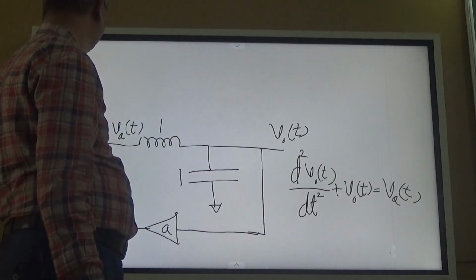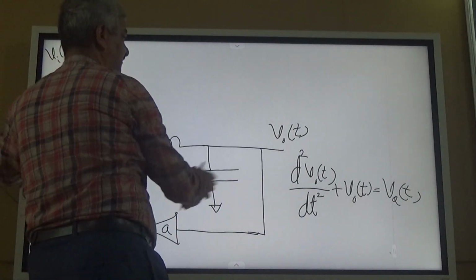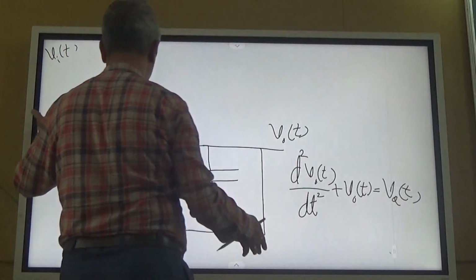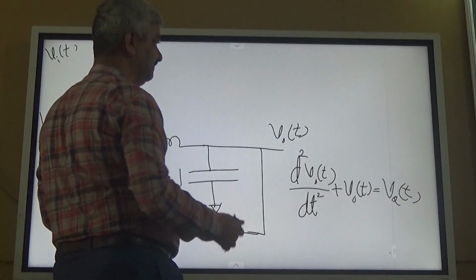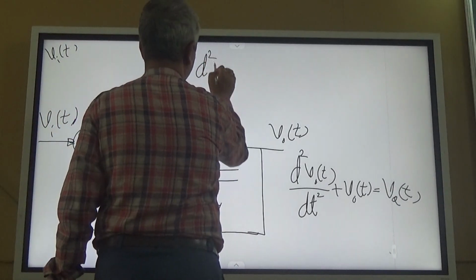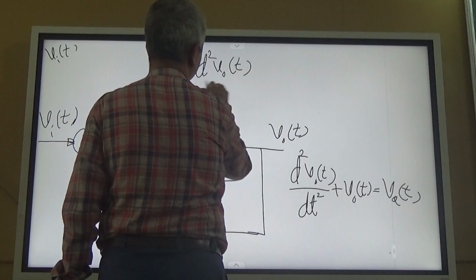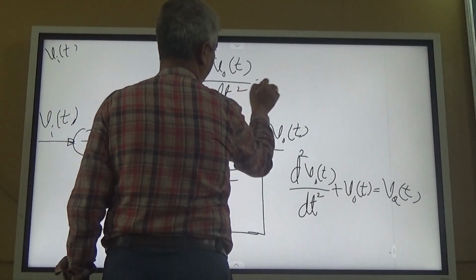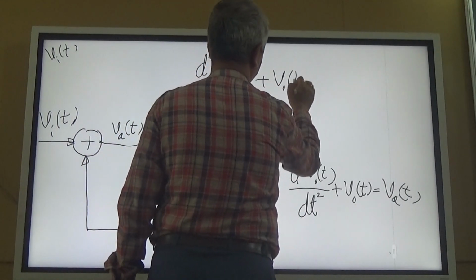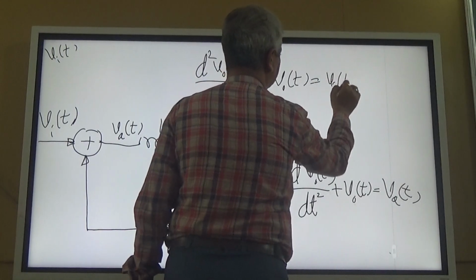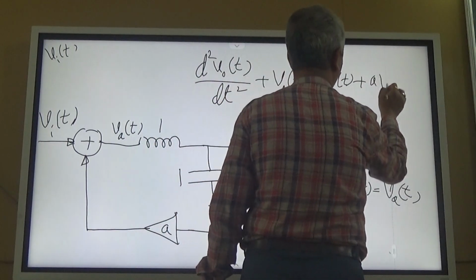But what is V_A(t)? Simple: V_in(t) plus A V_O(t). So d²V_O(t)/dt² plus V_O(t) is equal to V_in(t) plus A V_O(t).